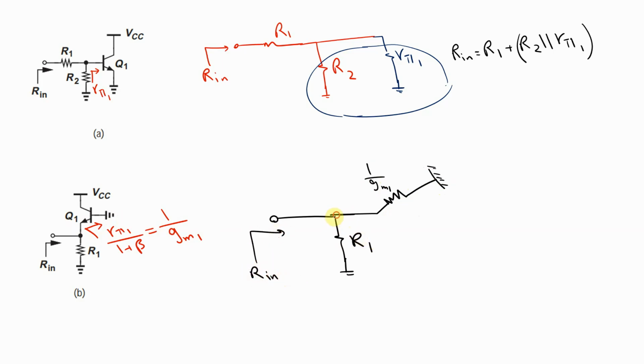As you can see, this R1 and this 1 divided by GM1 are parallel, because this is the common node and you can connect the ground together. So these two are parallel. Rin equals R1 parallel with 1 divided by GM1.